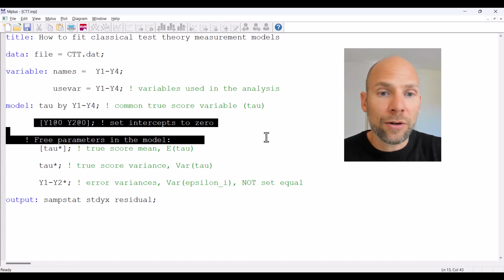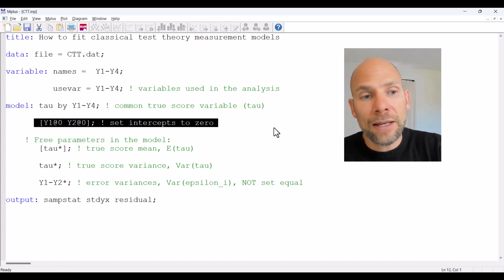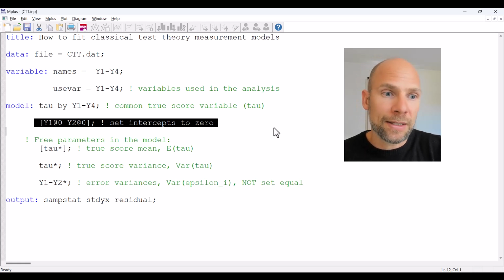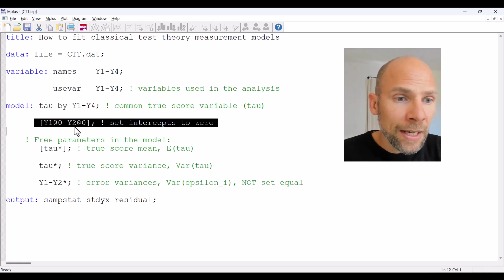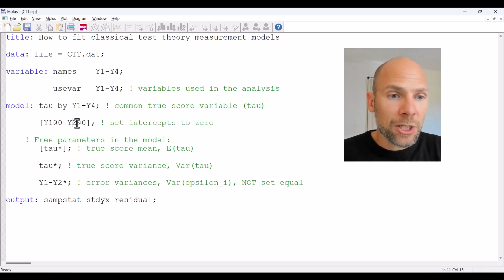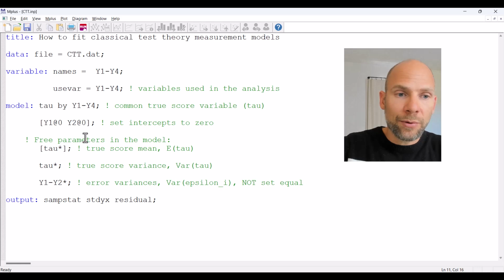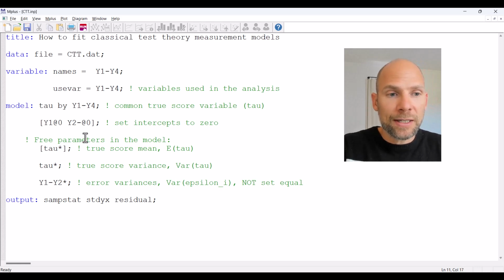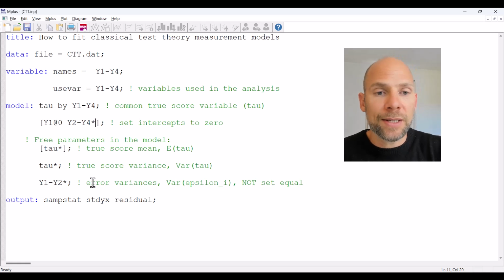Also, I could completely drop this command here about the intercepts because Mplus would automatically estimate the intercepts. However, I want to keep a specification that is consistent with what we did previously. So I'm going to keep the first intercept here fixed at 0, and I'm going to freely estimate the remaining three intercepts by putting them in the same brackets and then putting a star there.